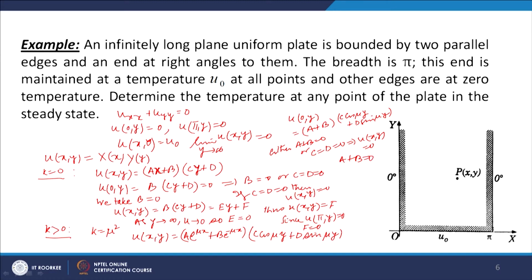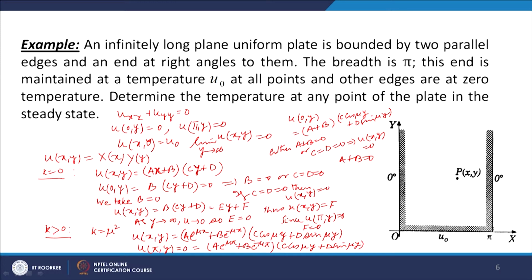Now, let us use the other condition, u(π,y) is equal to 0, which gives (a e^(μπ) + b e^(-μπ))(c cos μy + d sin μy). So, what happens?